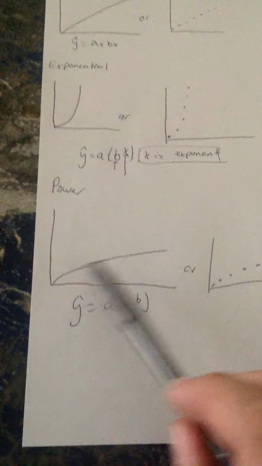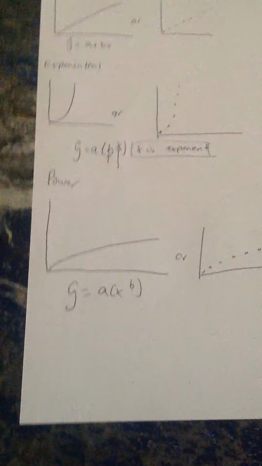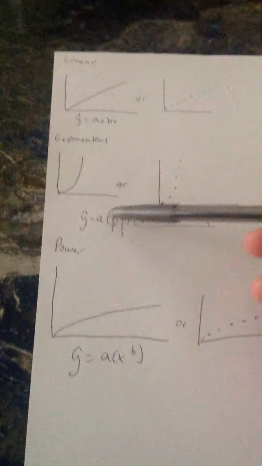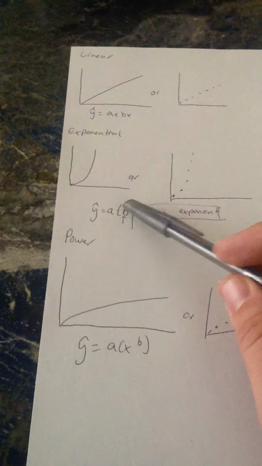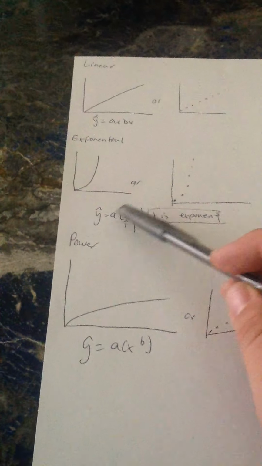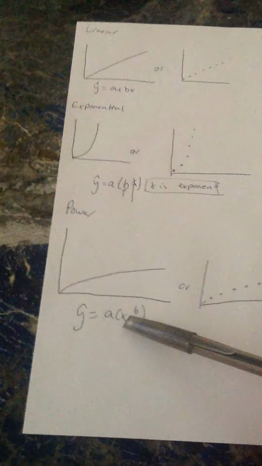It just increases pretty close to just that way. The x values increase more than the y values. That's important to recognize there. While with this one, the y values increase a lot more than the x values. Just imagine b to the power of x. If x is 8, y is going to be huge. However, if this is 8, they're still going to be pretty close to each other.